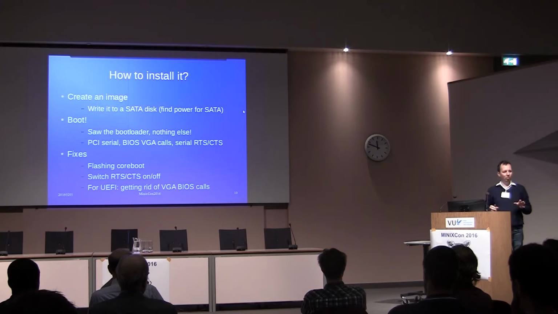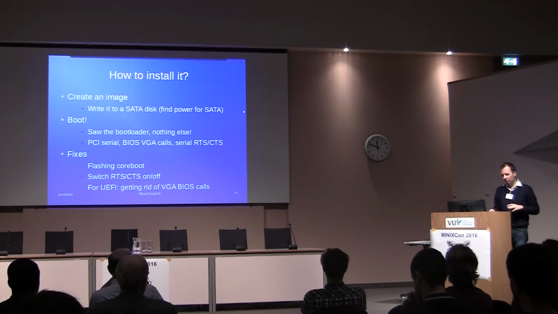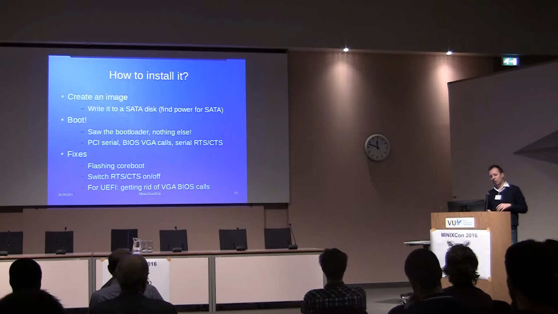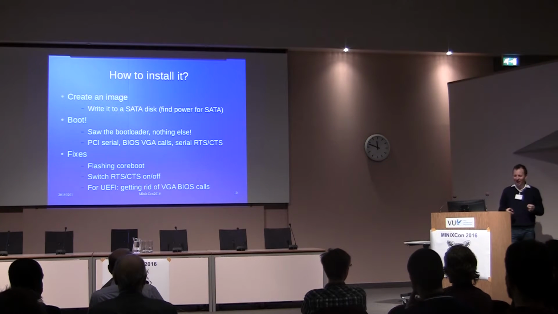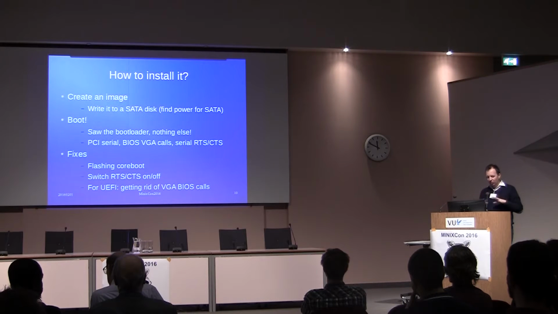Works completely with GRUB, so we made it with GRUB because NetBSD bootloaders were slightly fixed for Minix. And so yeah, we saw it and we just asked ourselves, hey, why are we not getting more information?